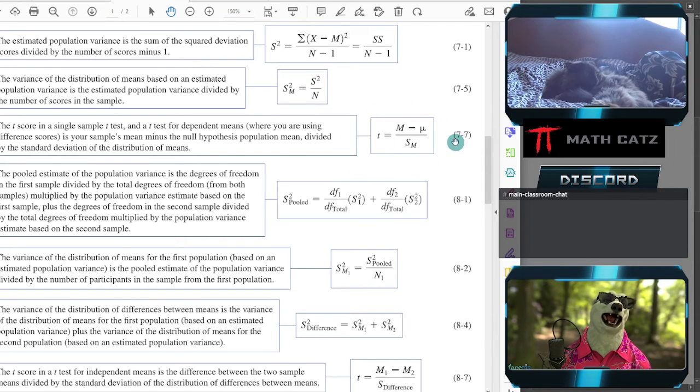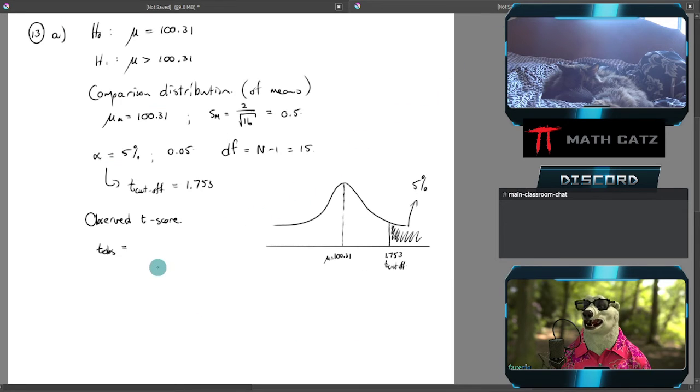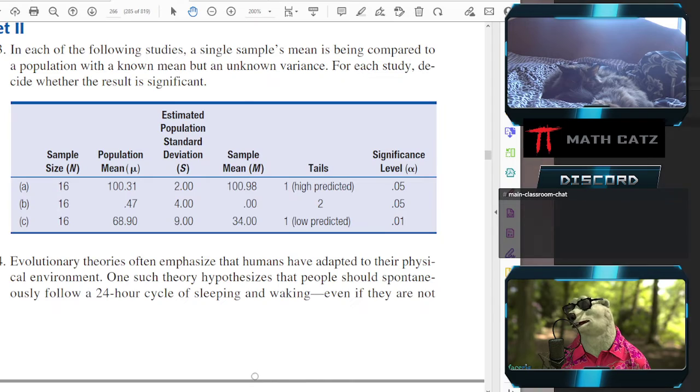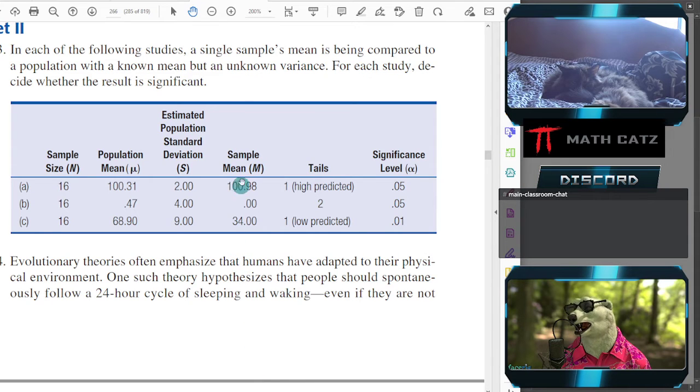Now we're over here in formula 7.7, calculating the t-score as the sample mean minus the mu over the standard deviation. Very similar to the z-score calculation, right? It's just technically different because the standard deviation is approximated, but that is very minor in terms of the look of the formula. Now we have our sample mean, which is 100.98.